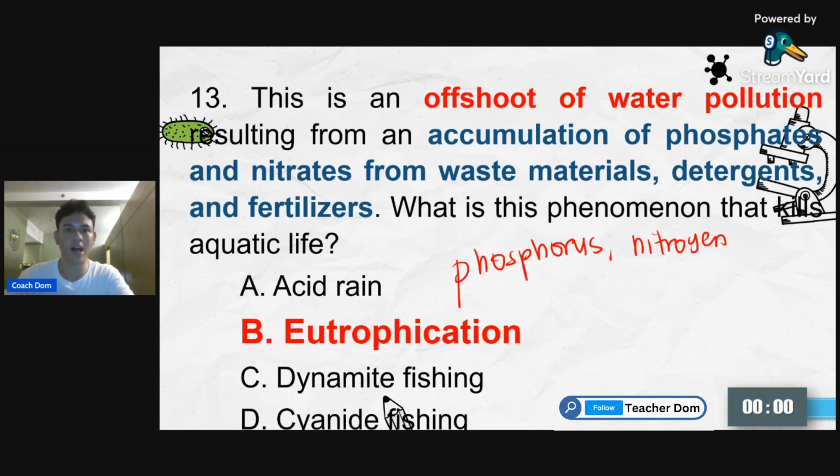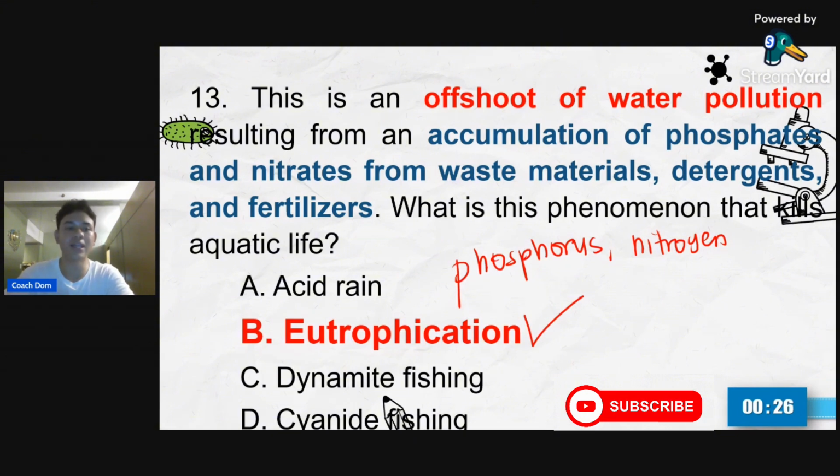Meaning, there will be a lot of algae. If dumadami yung algae sa lake, then mamamatay po yung mga isda because yung mga algae kinakain yung oxygen na kailangan ng mga marine organisms, and it will cause a phenomenon which is what we know as eutrophication.